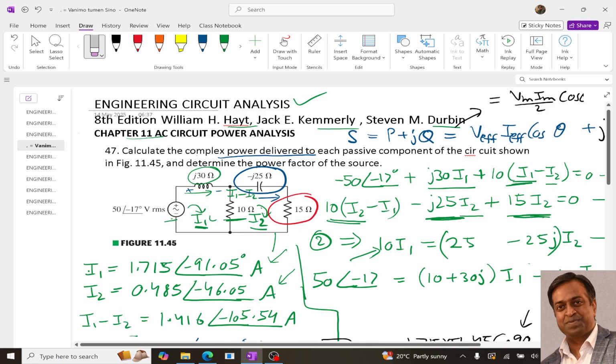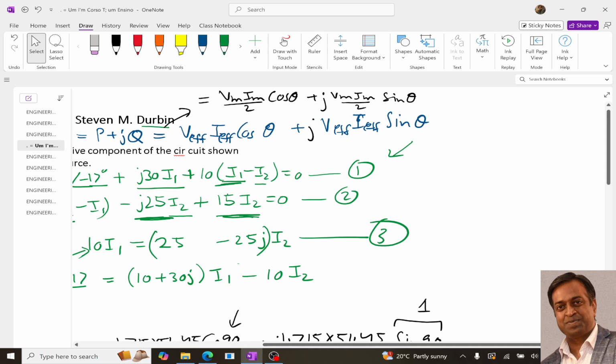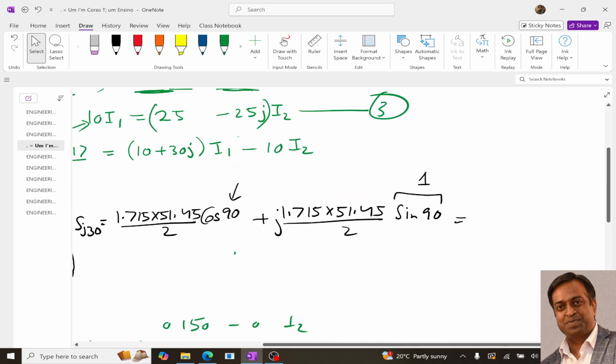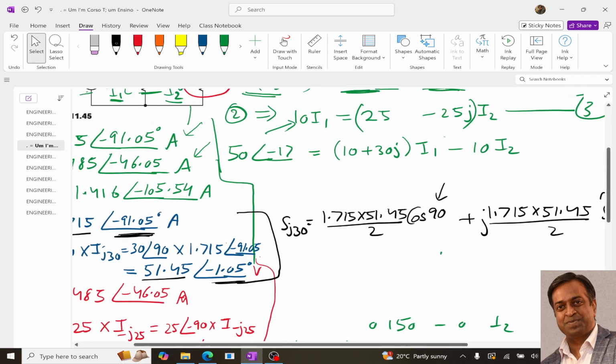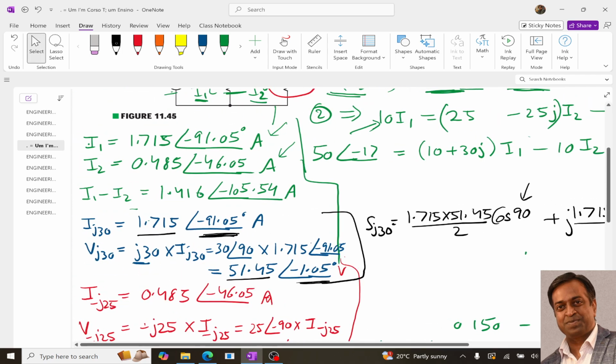So for this Sj30 we will get only the imaginary part, and this imaginary part is 17.64. Just a minute, let me check if I did all the things correctly.